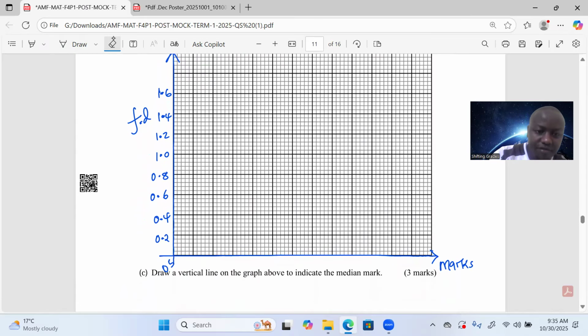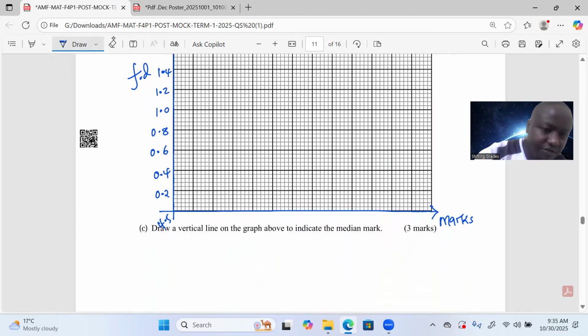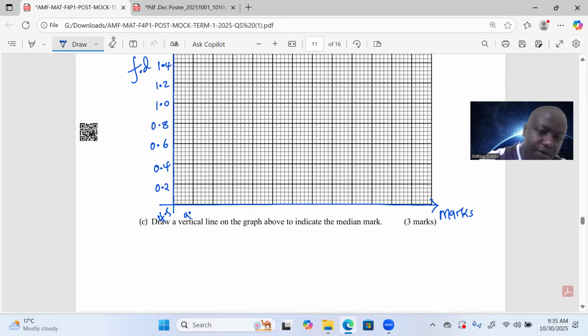Then using intervals of 5, I go to 9.5, 14.5, 19.5, 24.5, 29.5, 34.5, 39.5, 44.5, 49.5, and even 54.5.